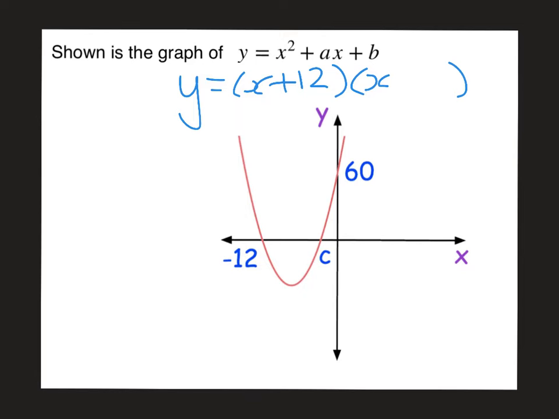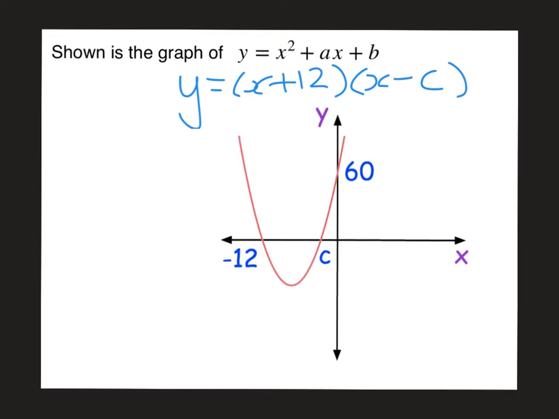Well, x minus c would be clearer really. So if I can just change that, you get minus c. But c will be negative.